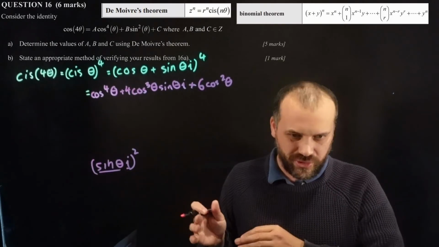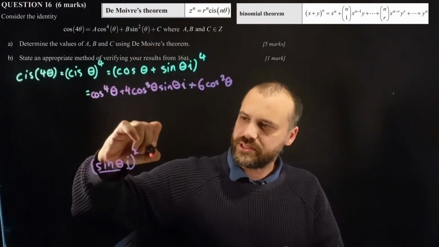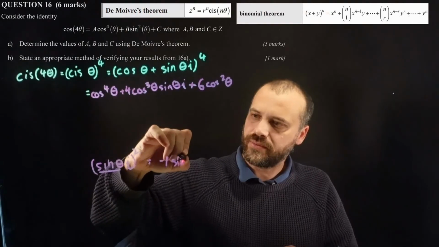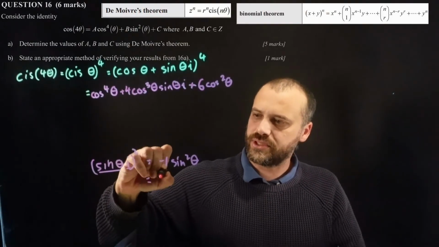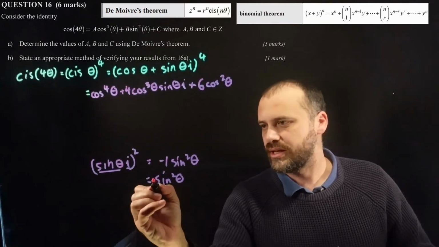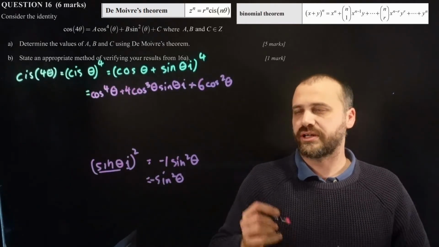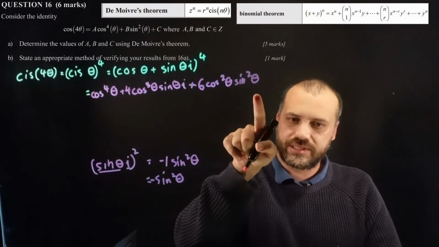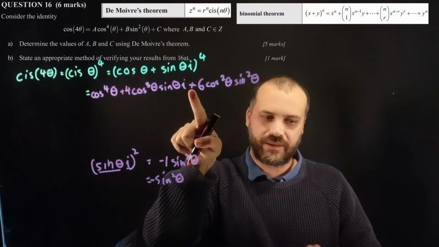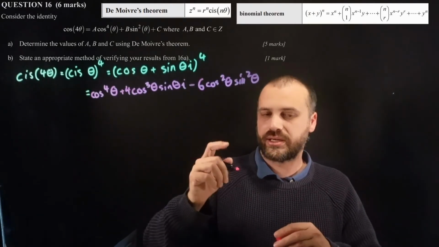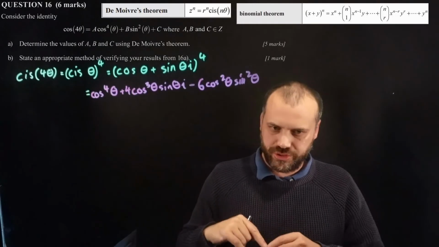Now the square of i is -1. So it's going to be equal to -1 times that. In other words, it's just going to be sine squared theta negative, right? So I'm putting a sine squared theta here, but because it's negative, I'm changing that positive to a negative. All right, done.